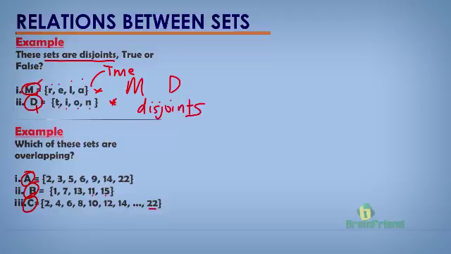Let's confirm if any of our given sets overlap. We do a quick comparison of the elements of our sets, and we find that the elements in set A cannot be found in set B. So we can quickly say that A does not overlap with set B.